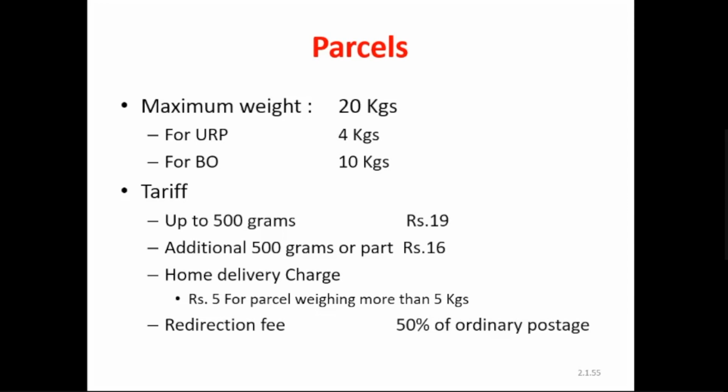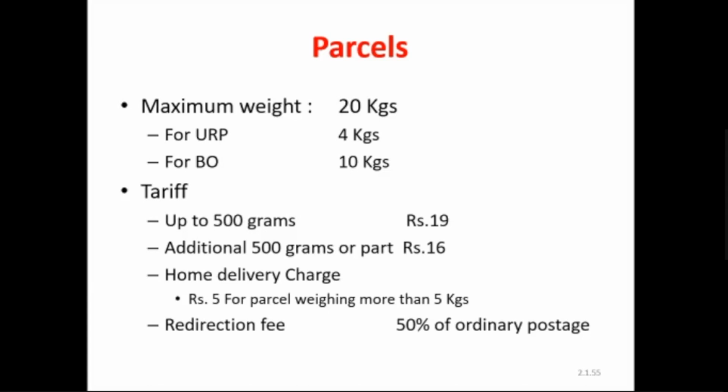And as we discussed earlier in the PO guide clauses, all redirection is absolutely free, but for parcels, the redirection fee is about 50% of the ordinary postage. The redirection fee will not be applicable if it is redirected at the same delivery post office or the same post town.